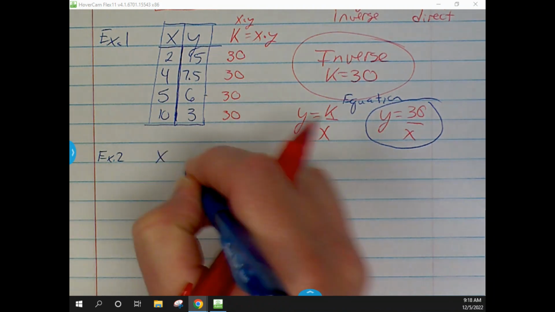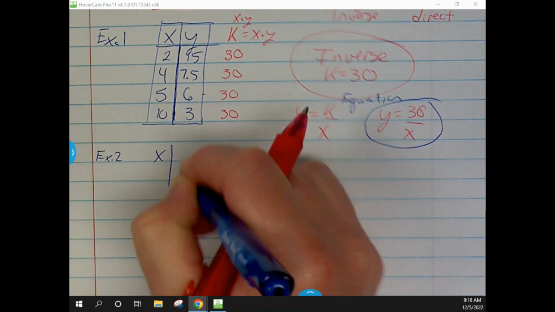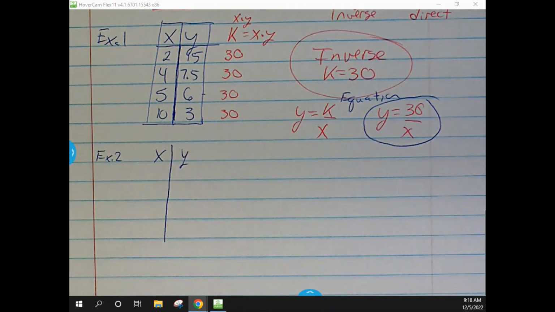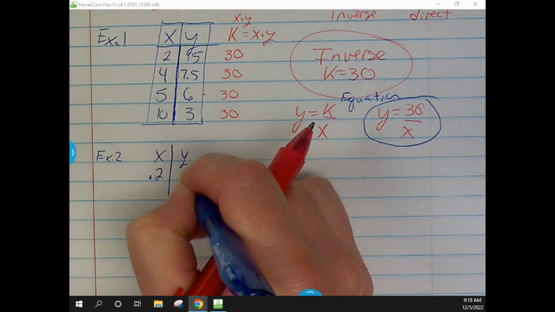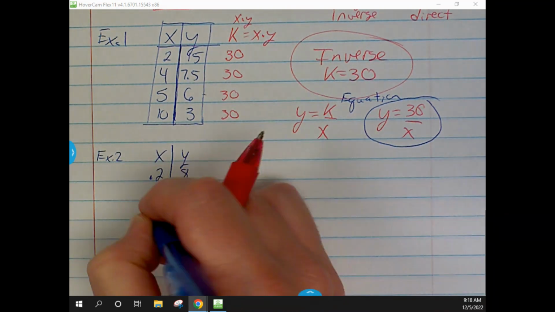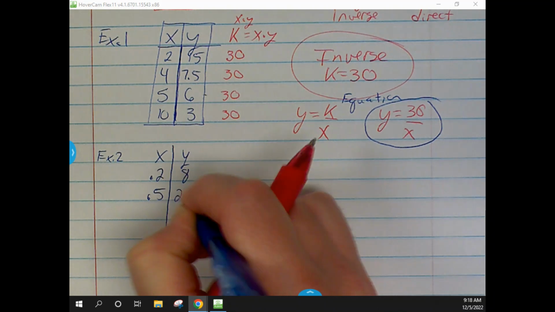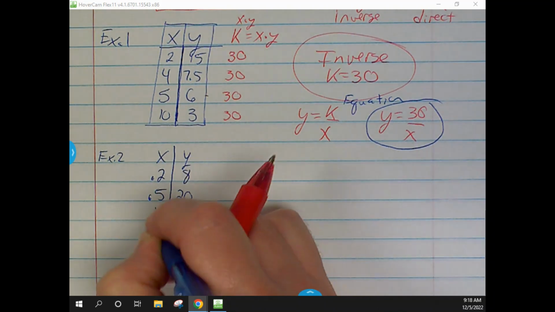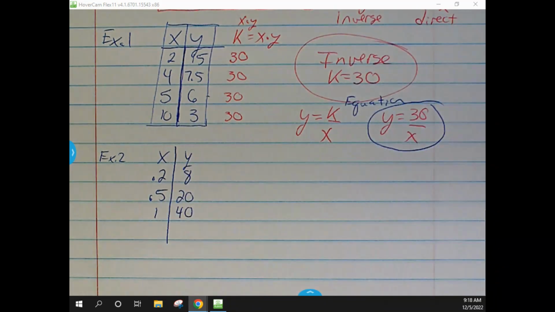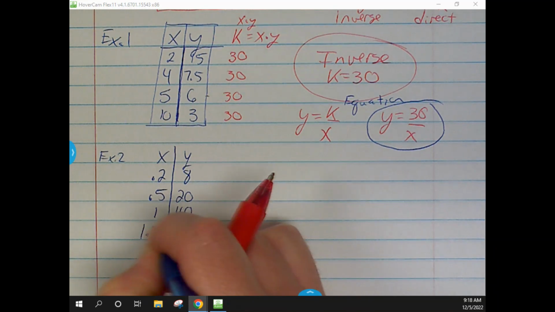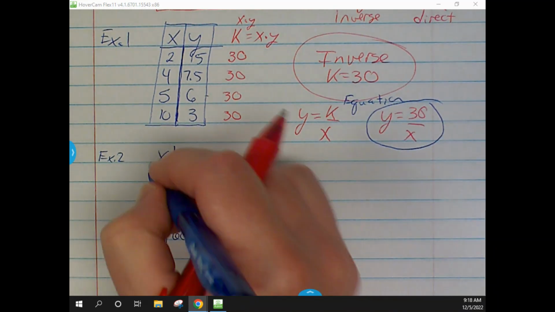All right, so for example 2. Let's go 0.2 and 8, 0.5 and 20, 1 and 40, and 1.5 and 60.